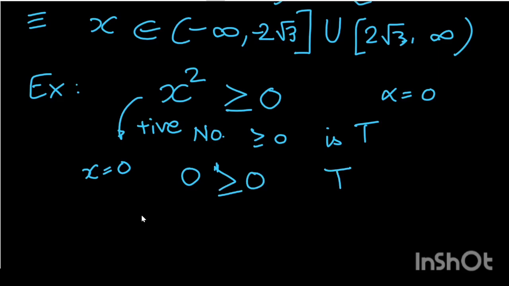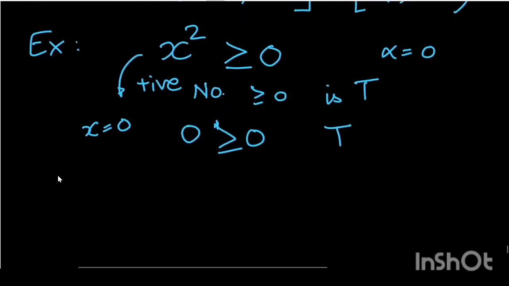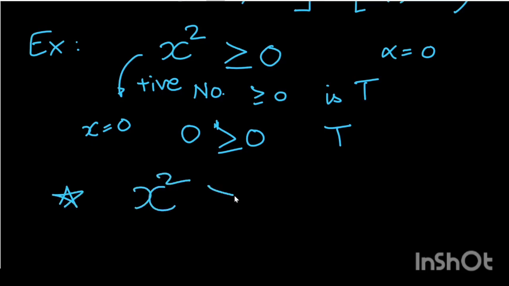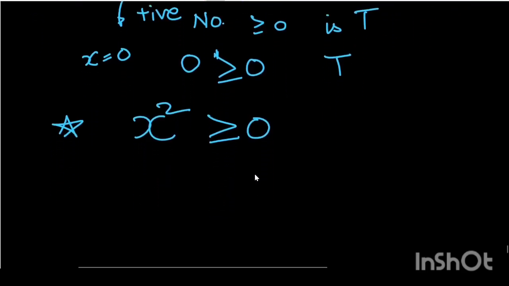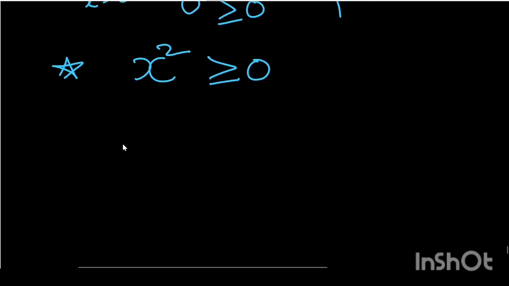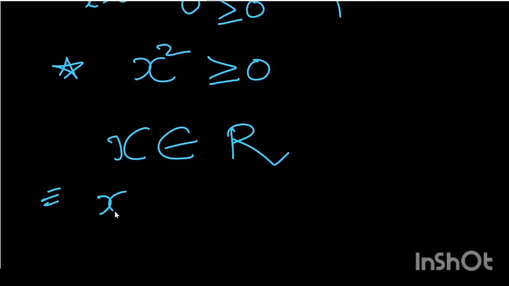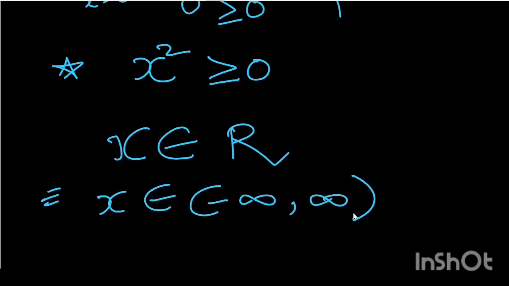So x square greater than or equal to 0 is not really an example, it's an identity, which is x belongs to R, equivalently x belongs to minus infinity to plus infinity, guys. This x square greater than or equal to 0 is an identity which is satisfied by all real numbers.